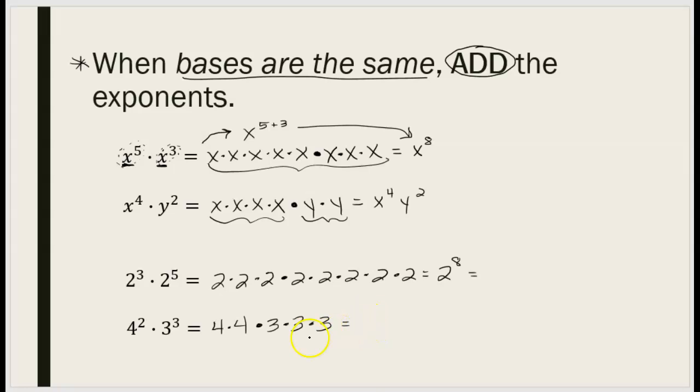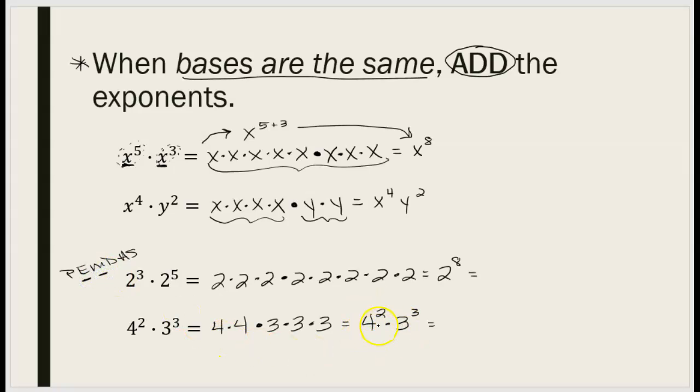So what we have to work off of here, we really have to use order of operations with this since our bases aren't the same. So I almost have to go back to my original of 2 4s times 3 3s. Now, remember, in order of operations, PEMDAS, exponents comes before multiplication.